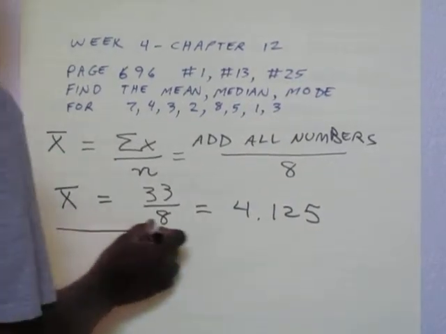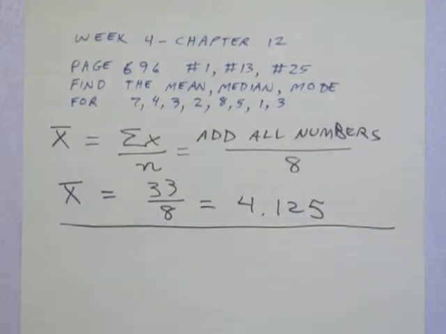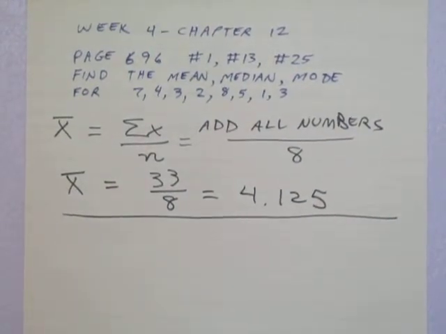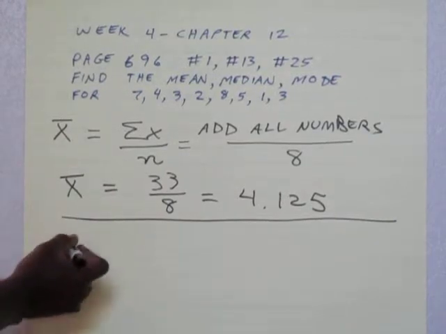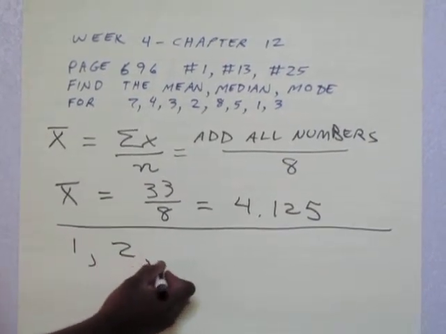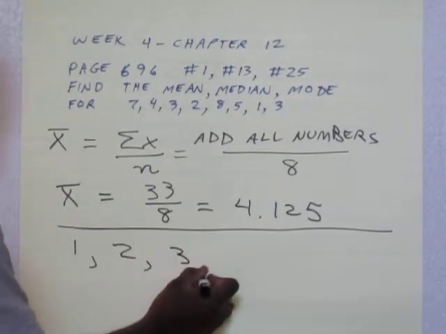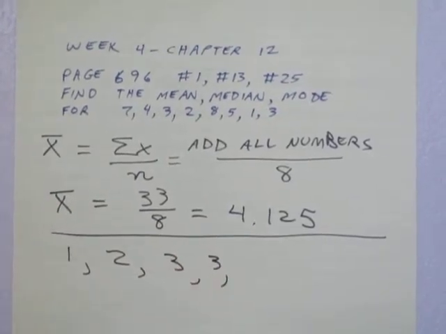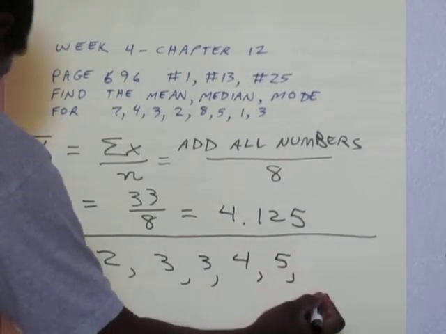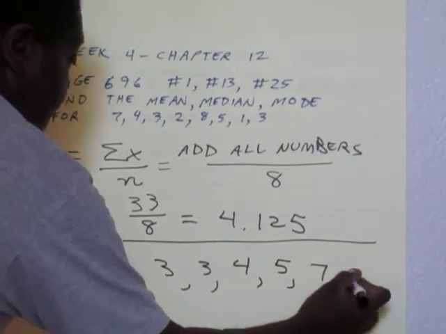To get the median, we need to put the list of numbers in order. So we'll sort them from smallest to largest. We have a 1, 2, 2 3s, 4, 5, 7, and 8.